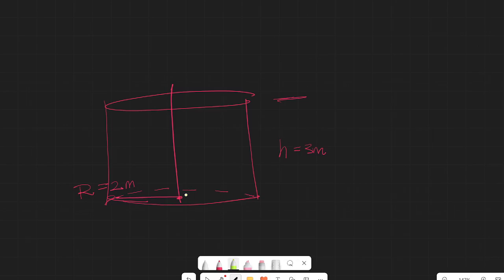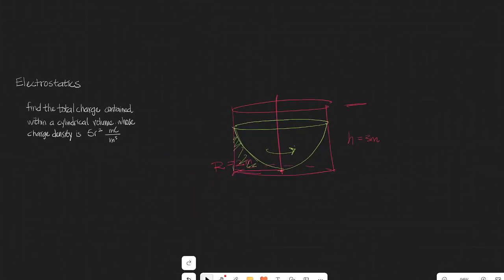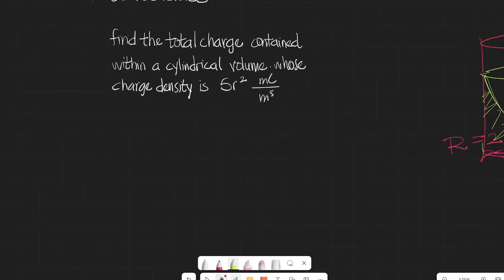I'm imagining the charge distribution like this, where the region underneath this and around this axis is the increasing charge density as it reaches a maximum at the surface of the cylinder. I hope that makes sense. That's how I'm imagining this system.